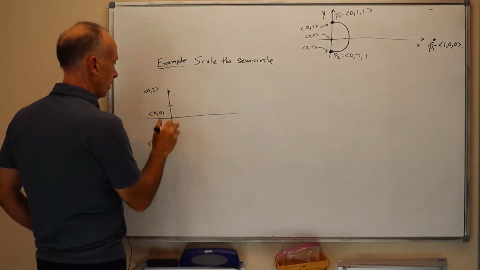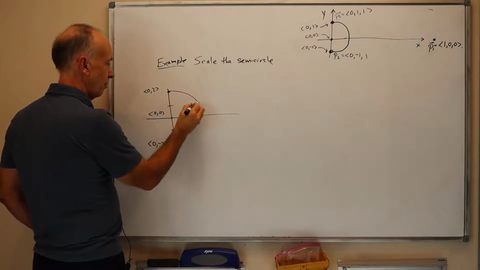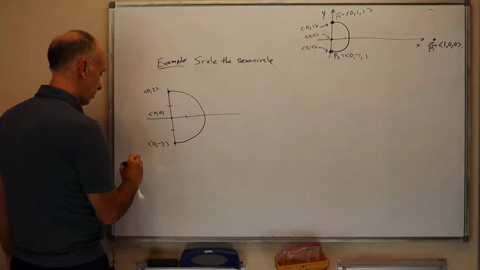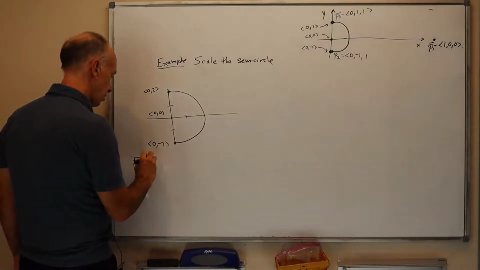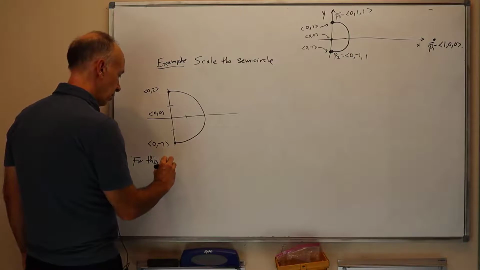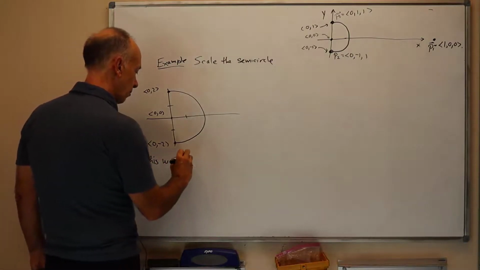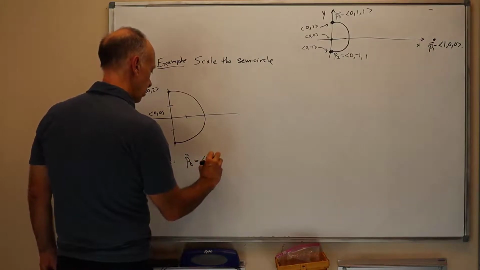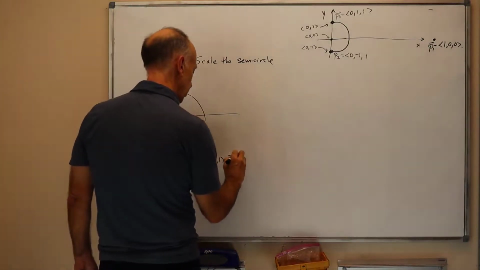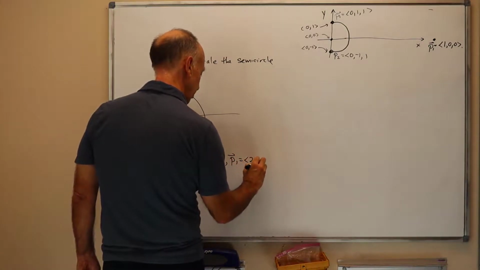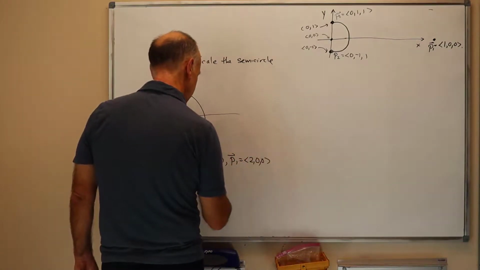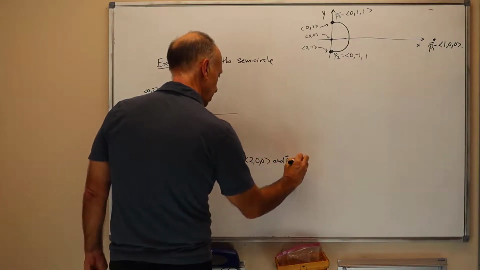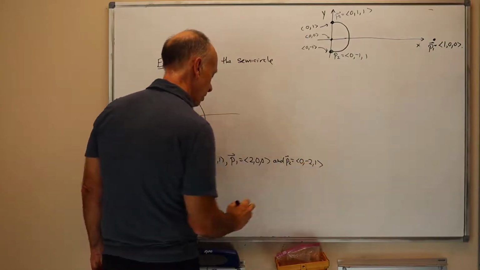The semicircle starts at (0, 2), ends at (0, -2), and for this we use control points P0 equals (0, 2, 1), P1 equals (2, 0, 0), not (1, 0, 0), and P2 equals (0, -2, 1).